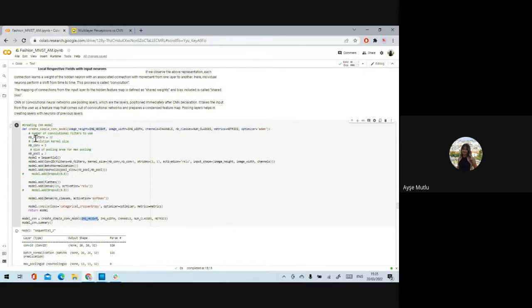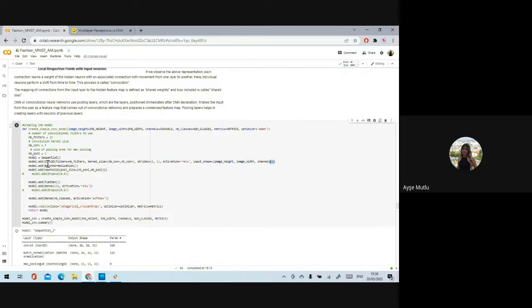We define these variables, we instantiate the model, and we are creating the convolutional layer, and we are passing the number of filters. The kernel size is 3 by 3, with strides, and the activation function is relu, and because it is the first layer we are defining the input shape, which is the image height, width, and the channel.